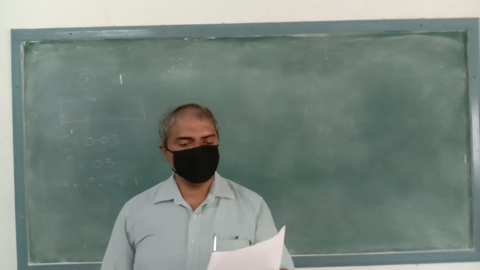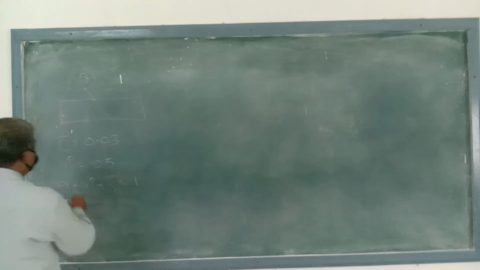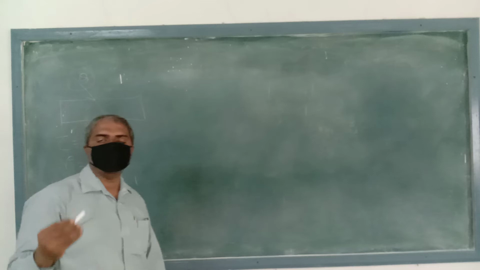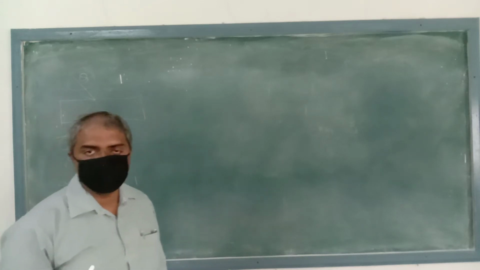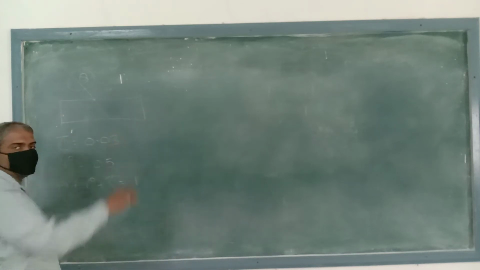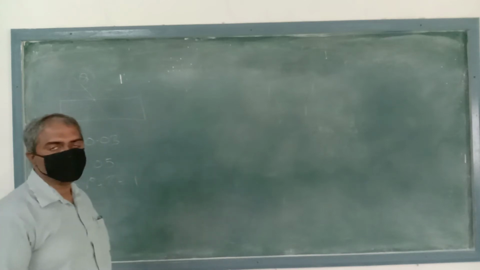Compute the incident flux. So in this problem, see, whenever any rays are incident on any surface, some part of the radiation will be absorbed, some part will be reflected, and some part will be transmitted.